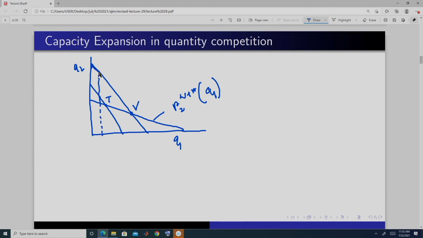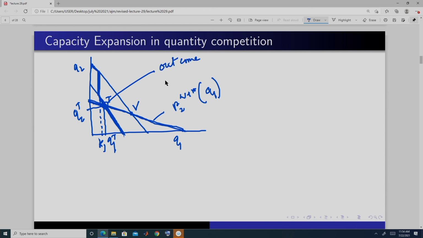So, the reaction function of firm 1 is this thick blue line. If this is the reaction function of firm 1 and the reaction function of firm 2 is this, then they intersect at this point. So, the outcome in stage 2 is this point.